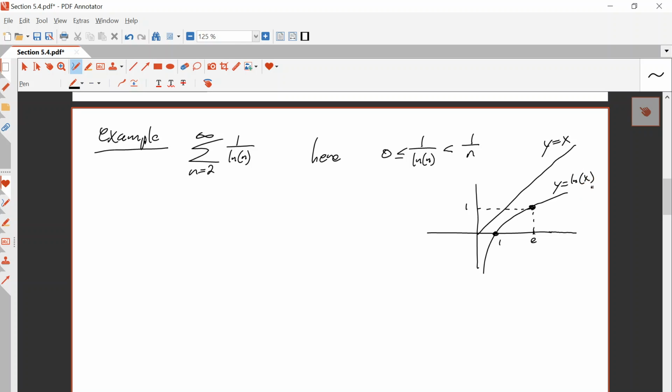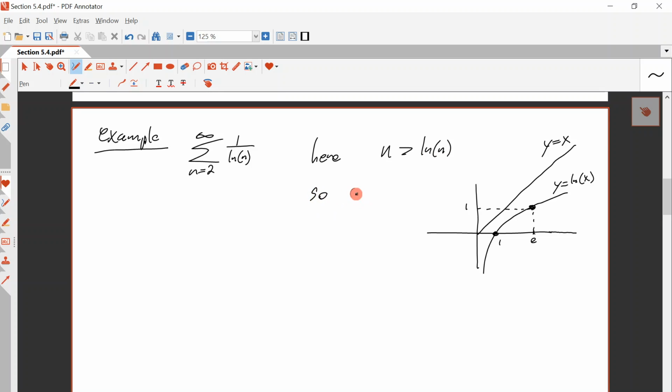So x is bigger than the natural log of x, therefore the fraction 1 over x is bigger than, I'm sorry, the other way around. x is larger than the natural log of x for n's bigger than or equal to 2.